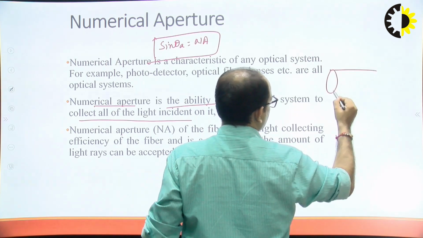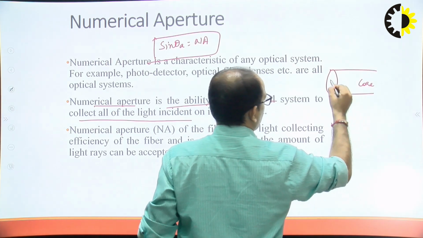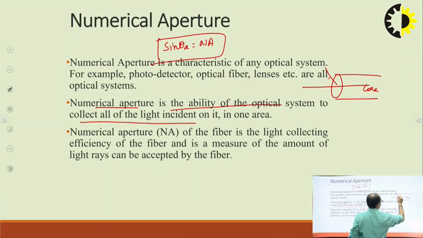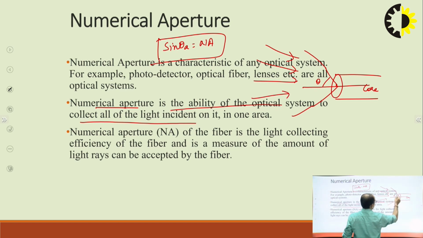If I say this is a core and this one is theta, this is the acceptance cone, so most of the light which enters within the acceptance cone will be propagated inside the optical fiber cable and will also perform the total internal reflection. So it is the ability of the optical fiber cable to collect all the light entering into the optical fiber and perform the TIR.